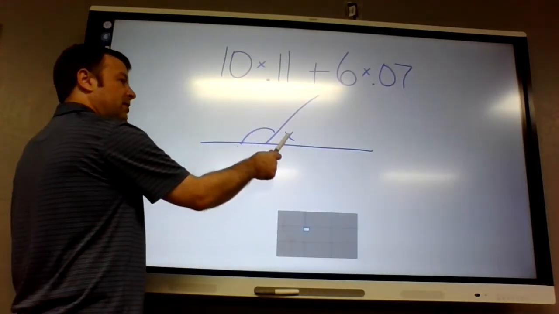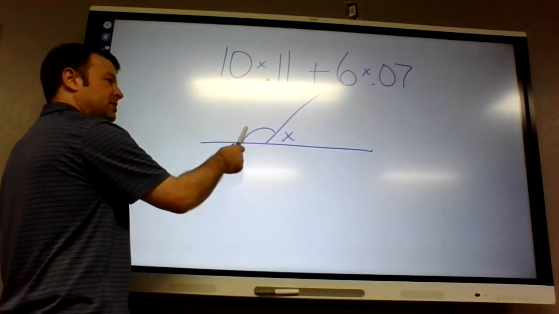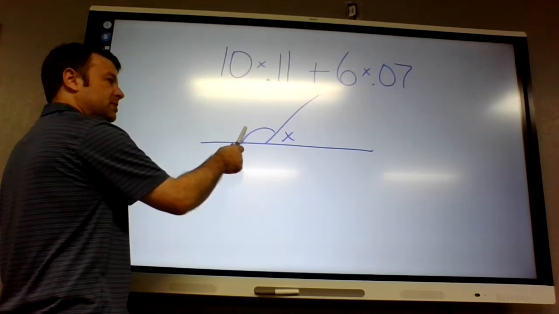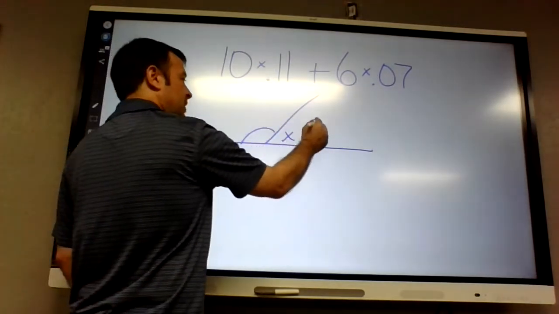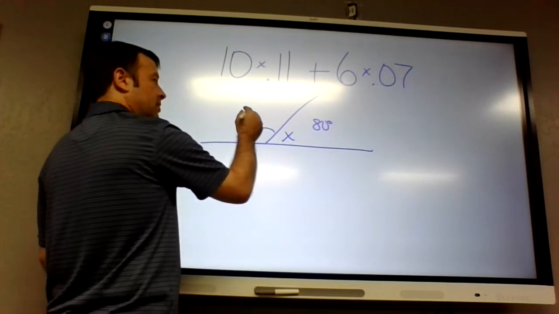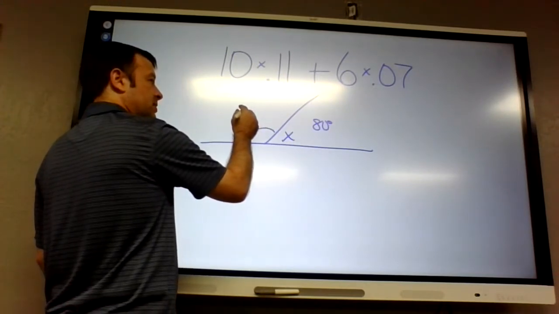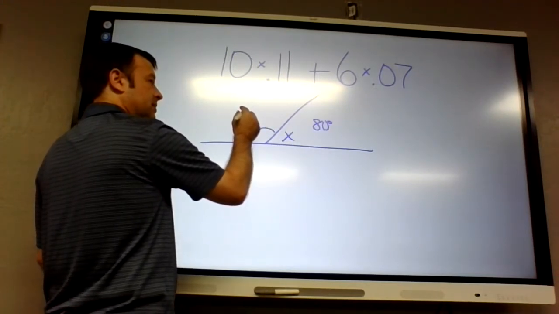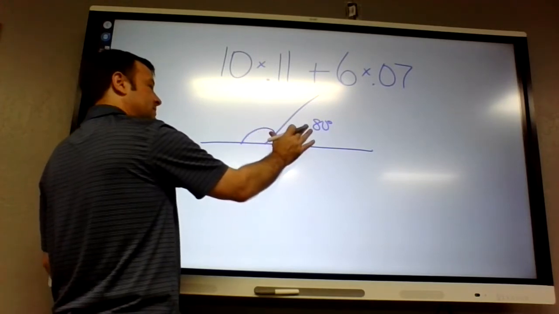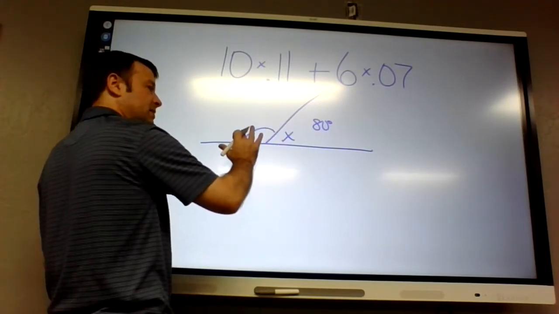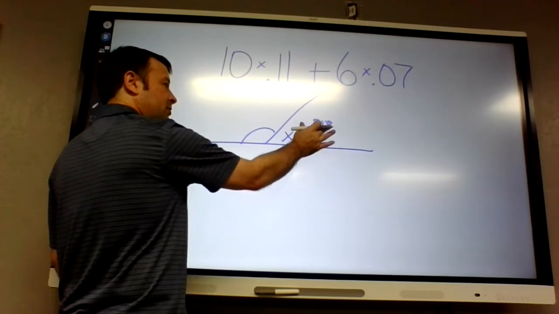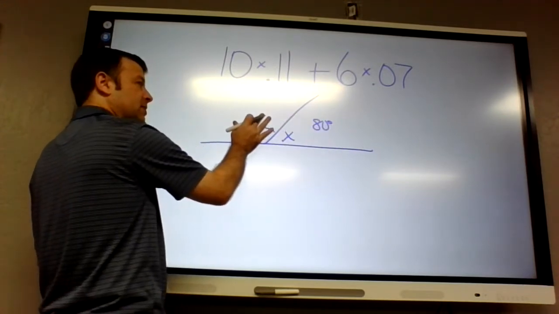So if I call one angle x, what could I call its supplement? Let's say this was 80 degrees. They have to add up to 180. If this was 80, what would this be? 180 minus 80, 100.